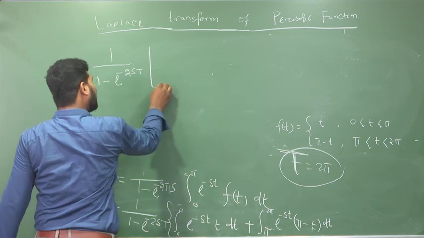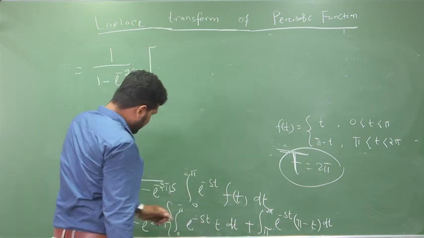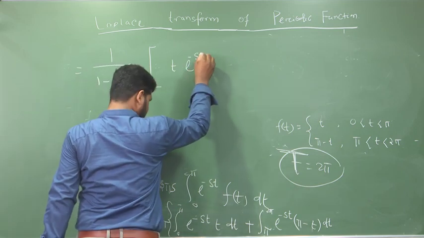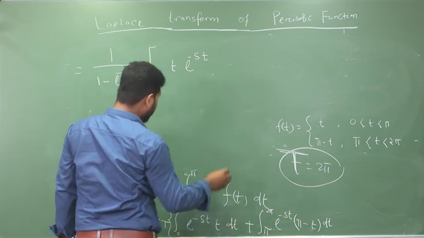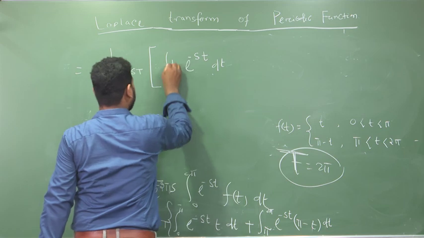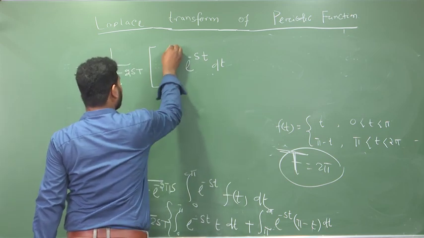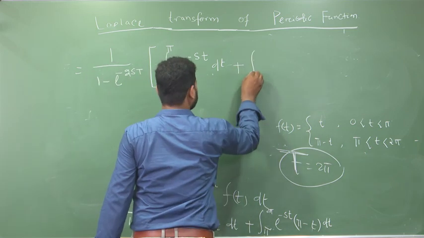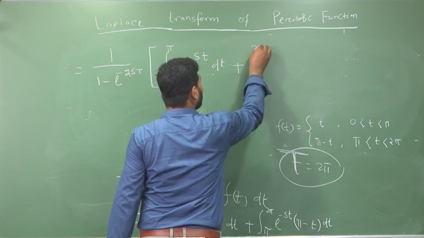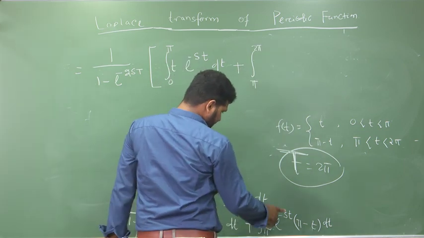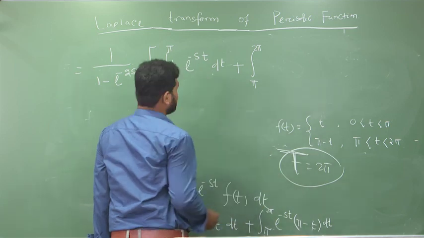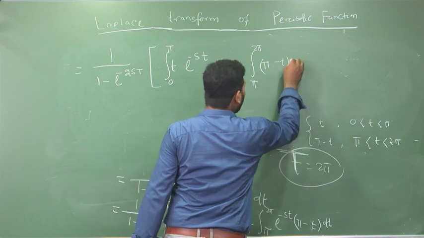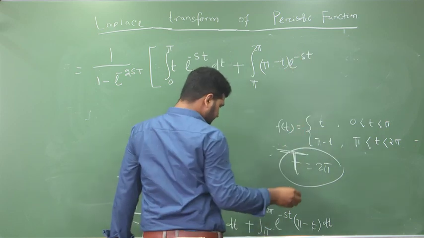Then we will calculate explicitly what is here: t e power minus st dt, with limit from 0 to pi, plus the integral from pi to 2 pi, which is of the other function, pi minus t, e power minus st dt.